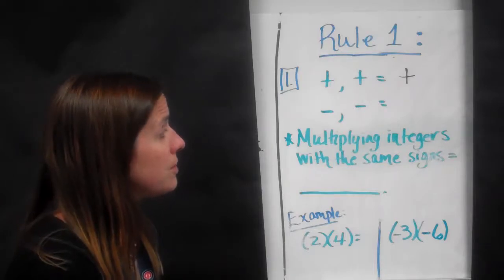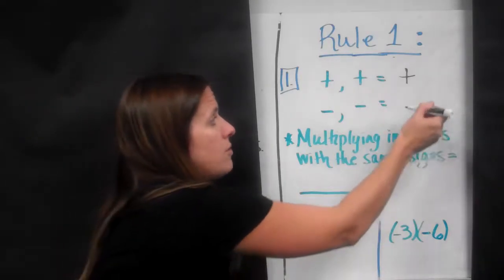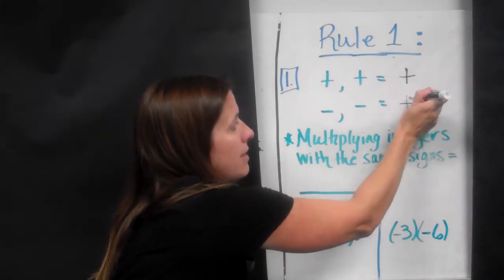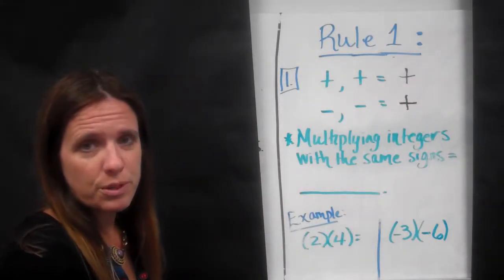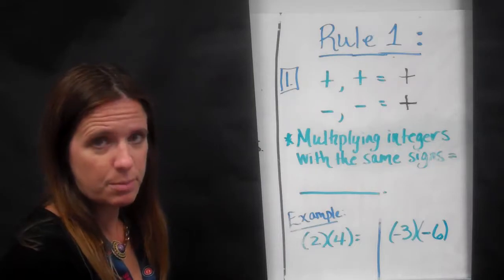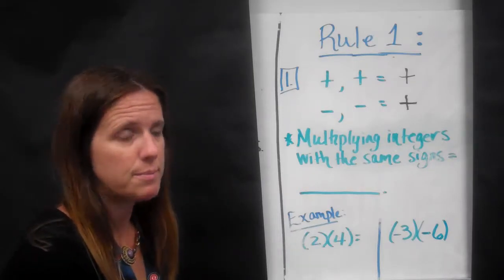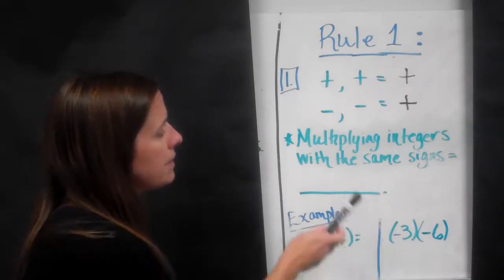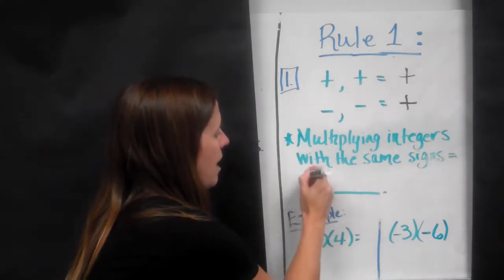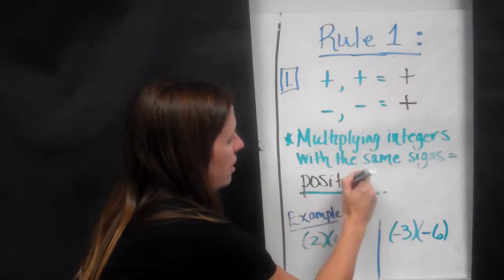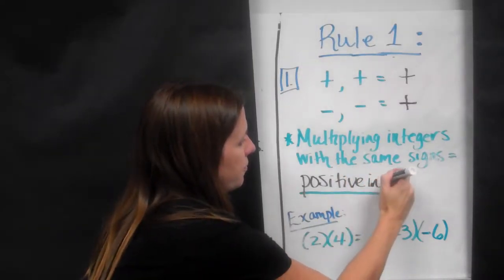You multiply two negatives, that's also going to make a positive. So this is different than addition. When you were adding negatives, it was a negative. This is multiplying. When you multiply the negatives, it makes a positive. The idea being that when you multiply integers with the same sign, you get a positive integer.